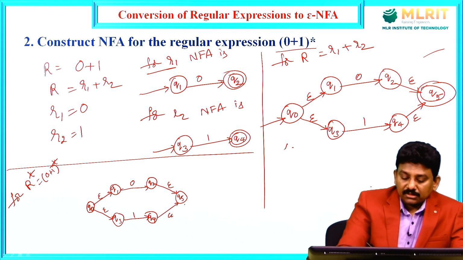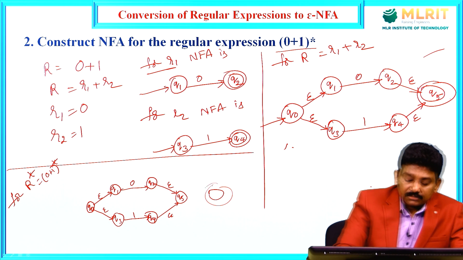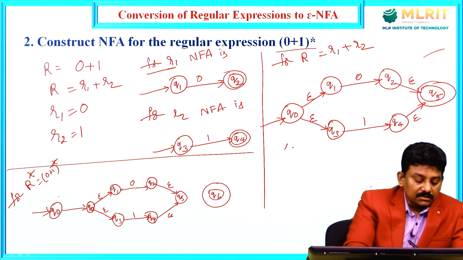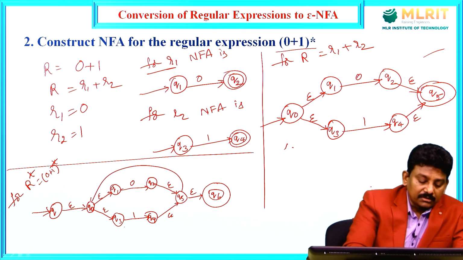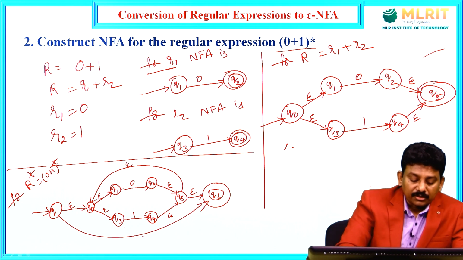Now, Q5 is no more a final state; create a new final state Q6. Q0 to Q6 epsilon transition, Q5 to Q6 epsilon transition, Q5 to Q0 epsilon transition, and Q0 to Q6 epsilon transition.